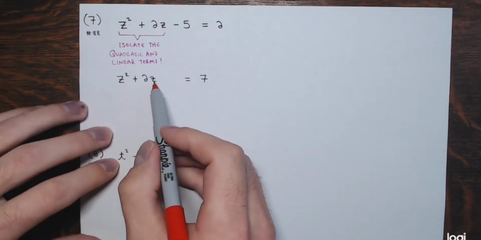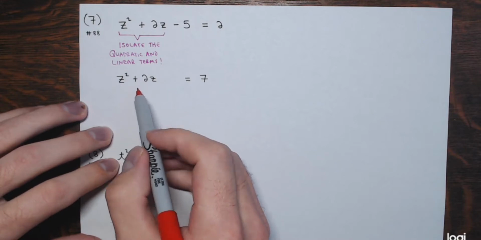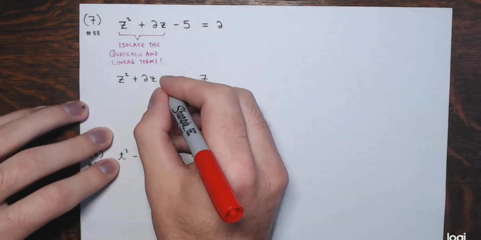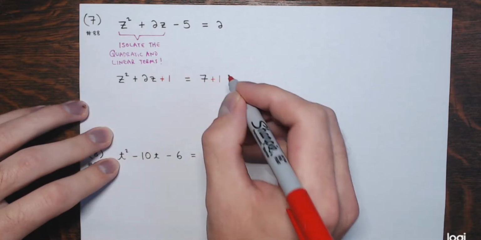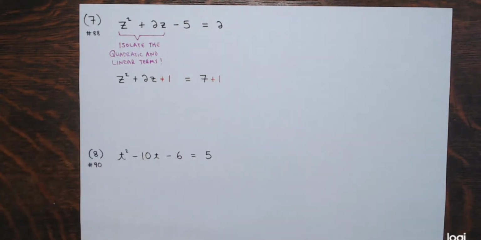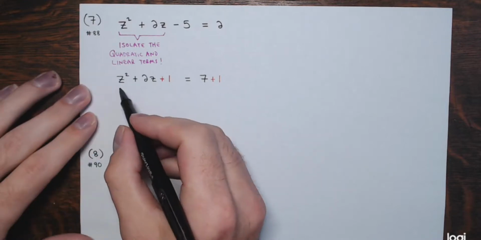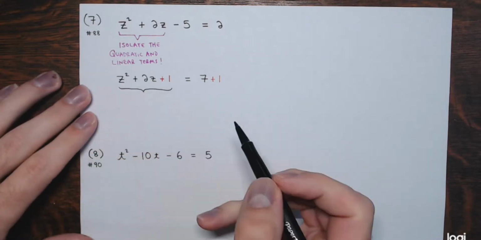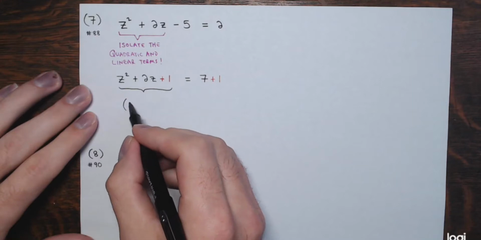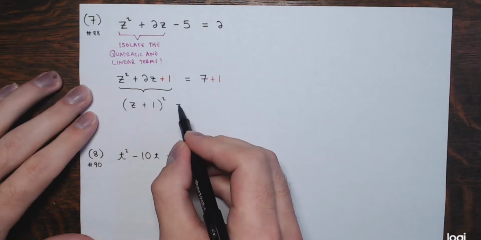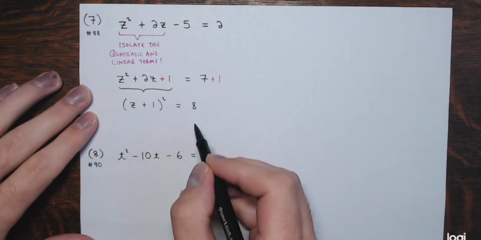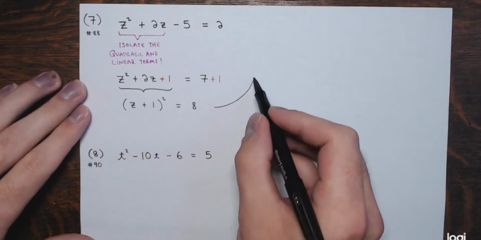Z squared plus 2z, take half of 2 is 1, then square that, which is also 1, and I add 1 to both sides. Alright, then z squared plus 2z plus 1 is the quantity z plus 1 squared equals 7 plus 1 is 8. And I'll take this over here.